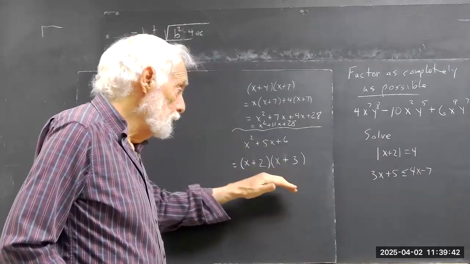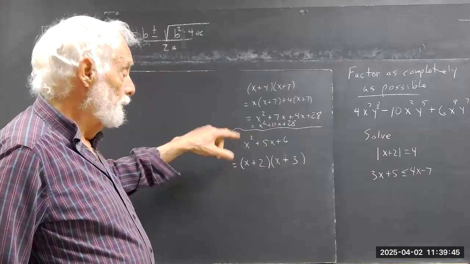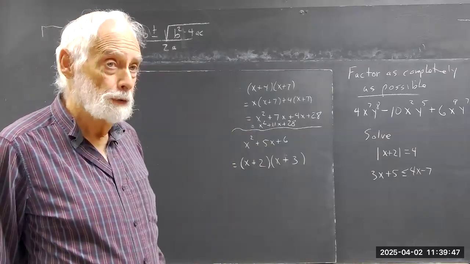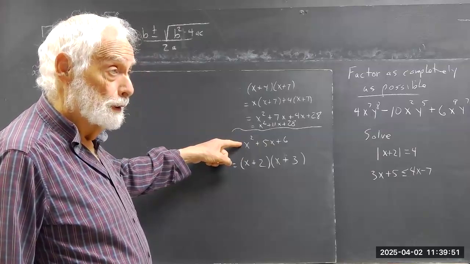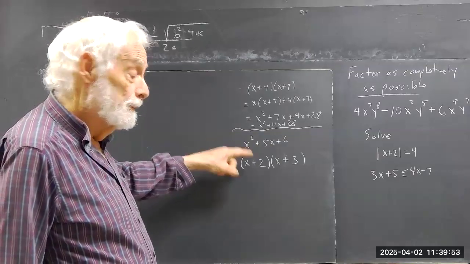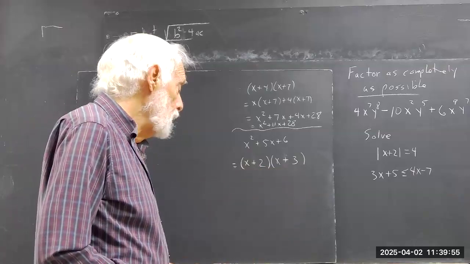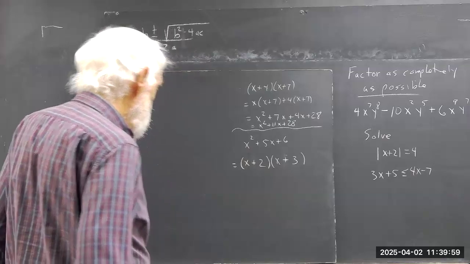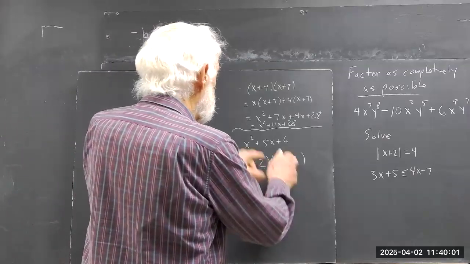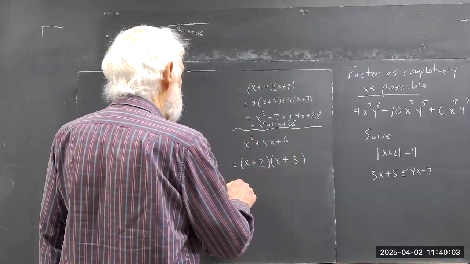So I should be able to look at a trinomial, what we call a monic trinomial with coefficient 1 in front of x squared. How to verify whether it's right: write it out.